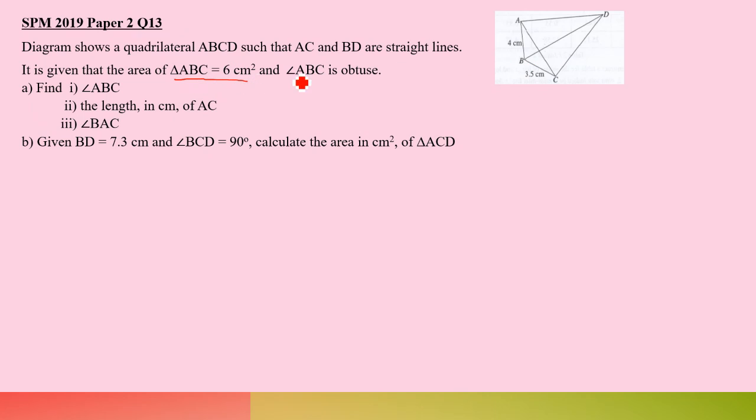And they also mentioned that the angle ABC, that means this whole angle at the point B, is an obtuse angle. That means the angle will be more than 90 degrees but less than 180.